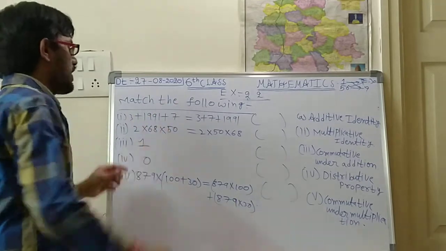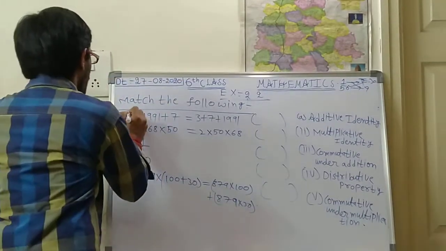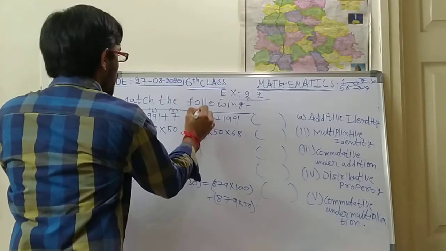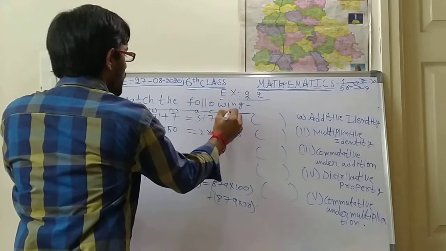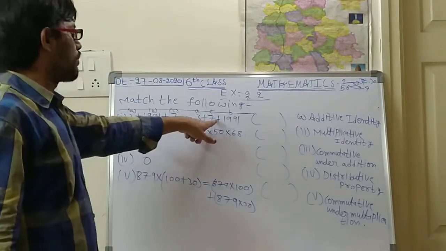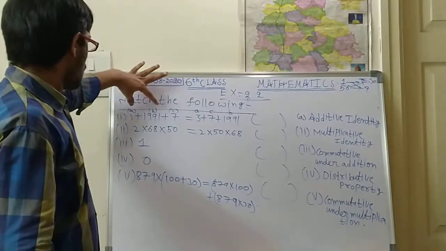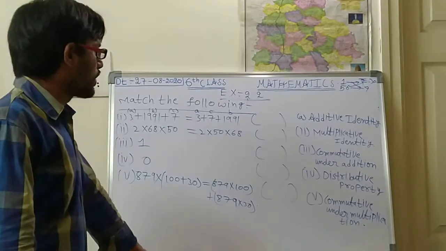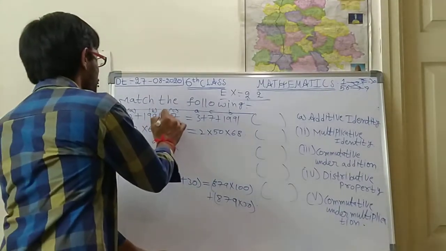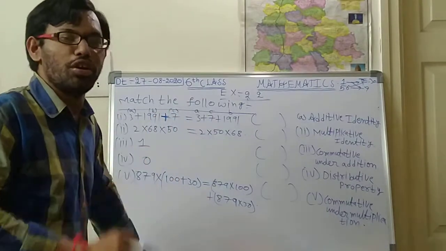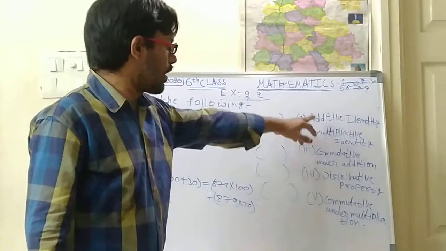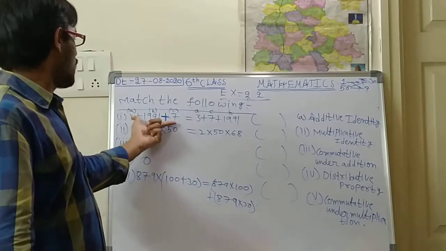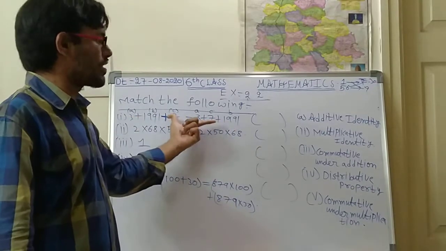A plus B plus C. Assume that this is A, this is B, and this is C. Here it is given A plus C plus B. There are three whole numbers, so compulsorily this will be either associative or commutative. There is no associative property in that matching, so maybe this will become commutative.